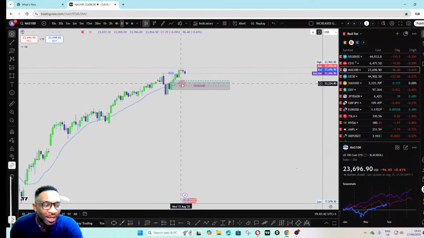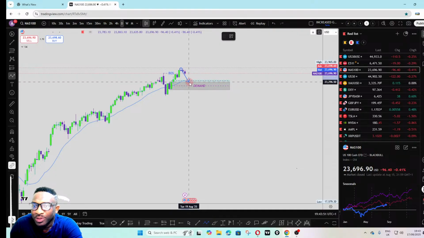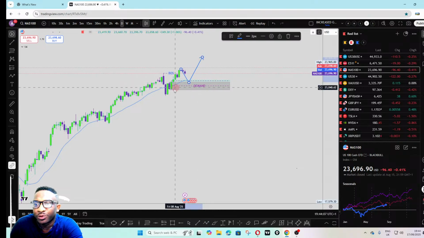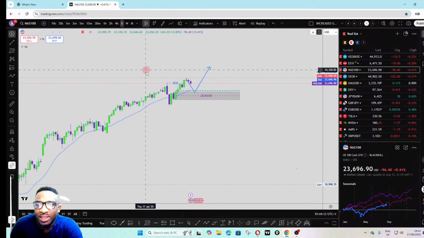So if you engage in something like that, you should always be careful, or you can wait until price comes from this high to this zone, and then you comfortably take your trade from the discounted area. Once price moves from this area to here, you should be in the discounted zone. Then you take it higher if truly price wants to continue going up. But currently, as we see it, we have a break of structure. Let's go to the 4-hour time frame.